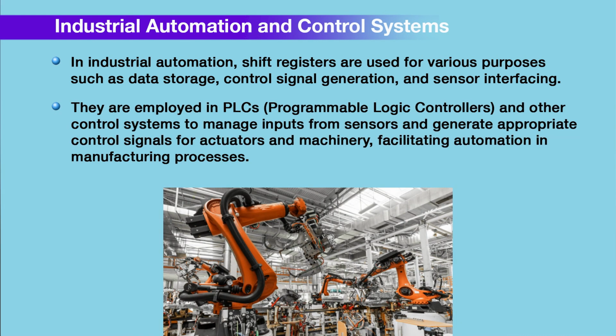They are employed in PLCs, that is called Programmable Logic Controllers, and other control systems to manage input from sensors and generate appropriate control signals for actuators and machinery, facilitating automation in manufacturing processes.